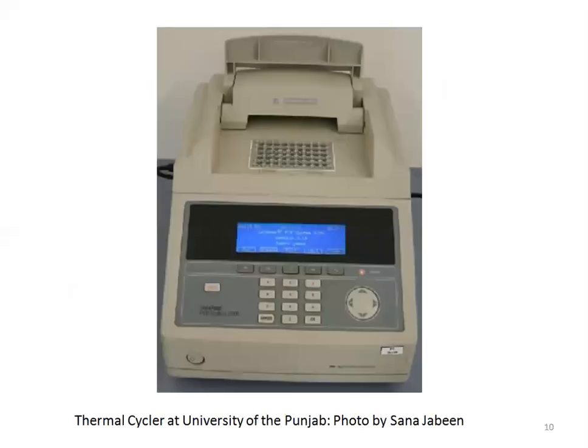So here, this is the picture of the thermal cycler, and you will put your sample along with the PCR mixture here in these wells in the form of tubes, and at once you can put 96 samples in this machine.